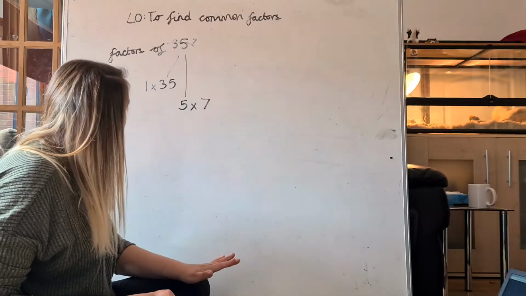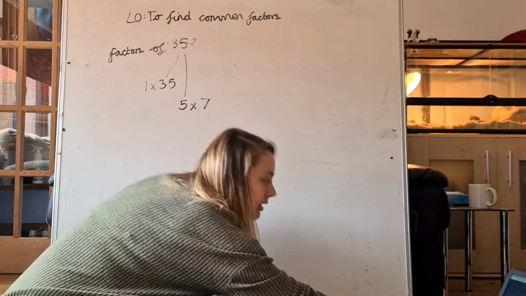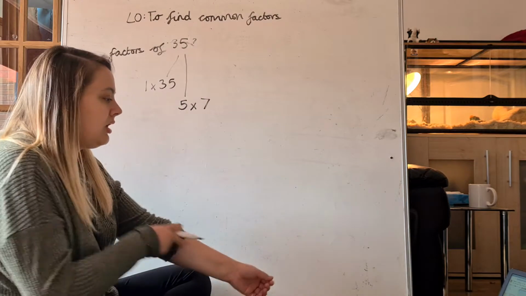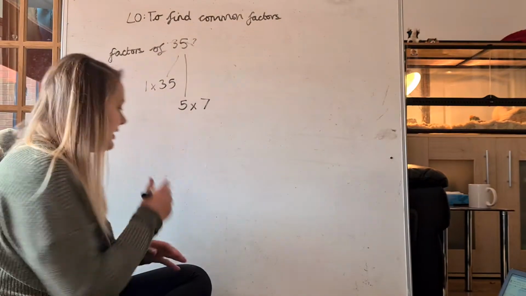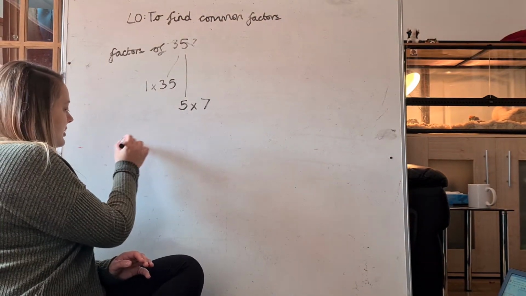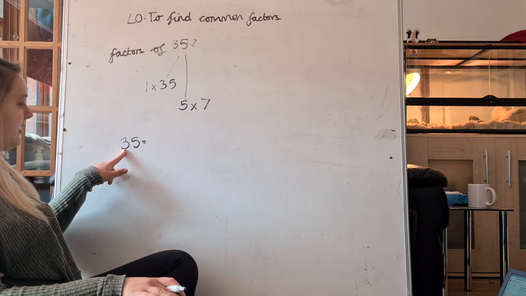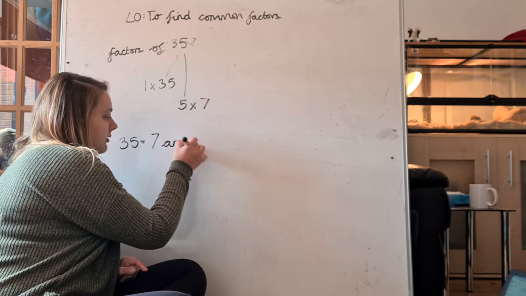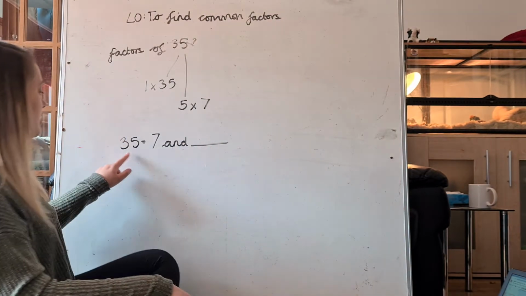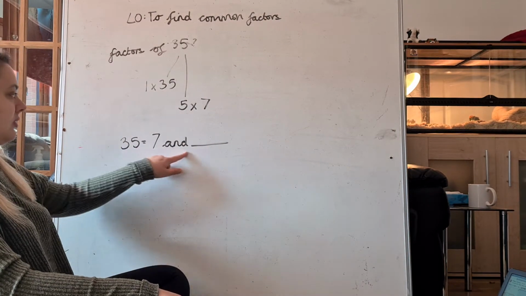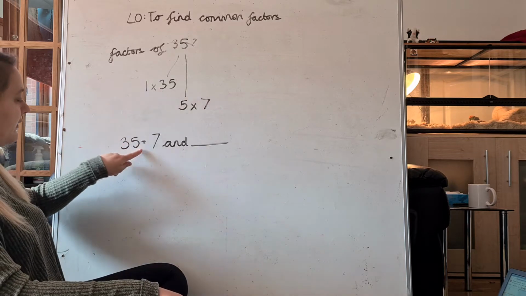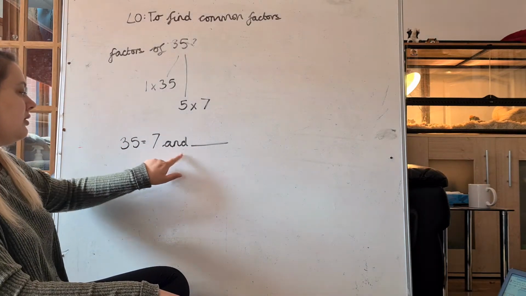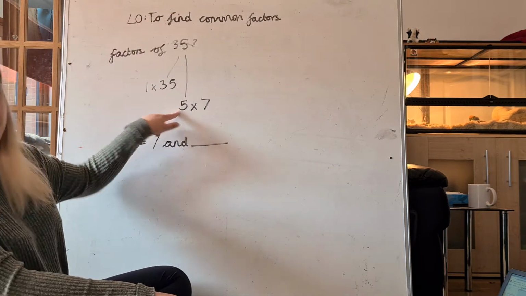If I have a quick look at your task today, on the first question it says to find the other factor. So we've got 35 equals 7 and blank. What's the factor pair here? 35, 7 and what's the other factor? 5, wouldn't it?